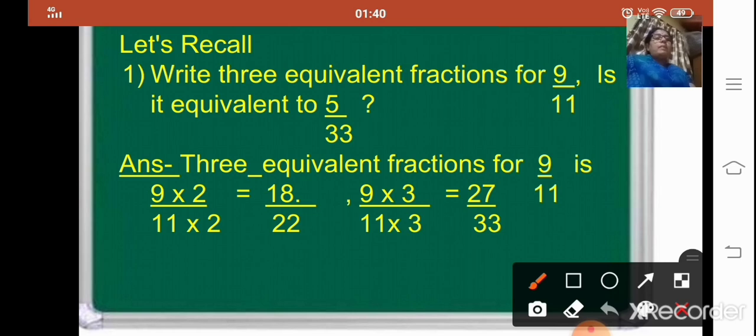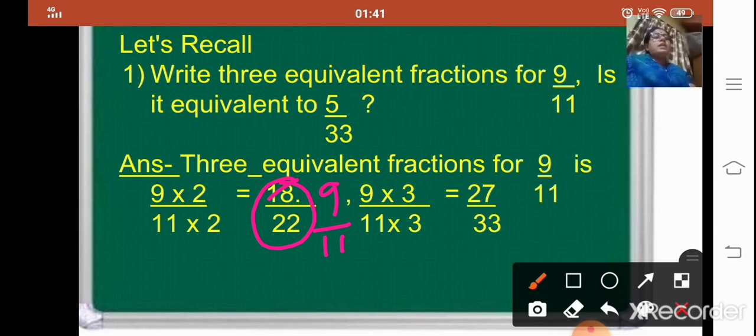When you multiply the numerator by a number, the same number has to be multiplied with the denominator also. Now if I reduce 18 upon 22 to its lowest term, 2 9s are 18, 2 1s are 2, 2 1s are 2, so it again comes to 9 upon 11. That means it is equivalent to the fraction 9 upon 11.